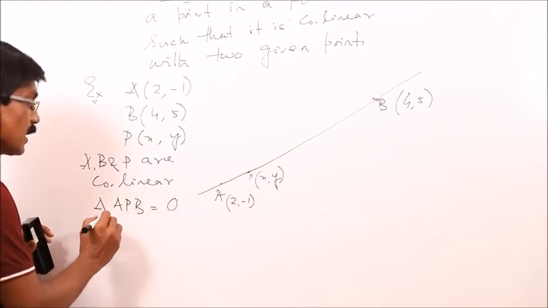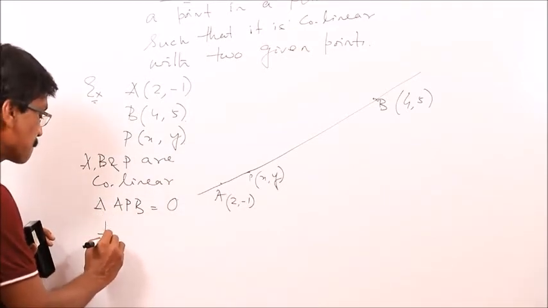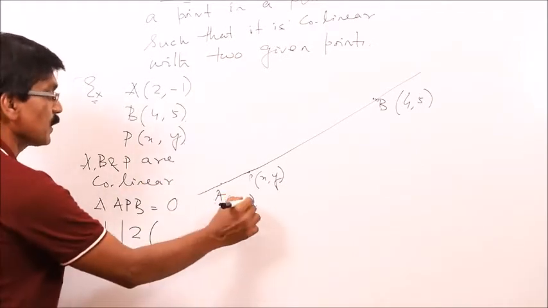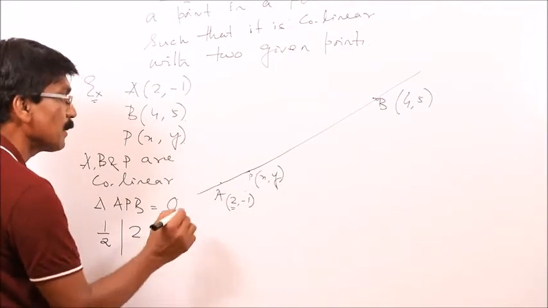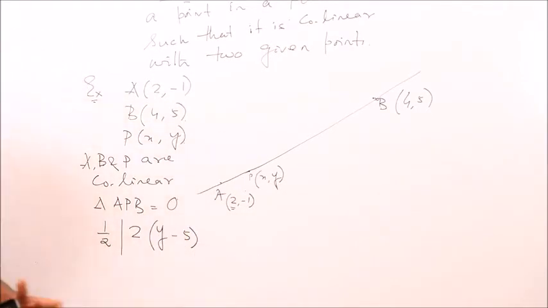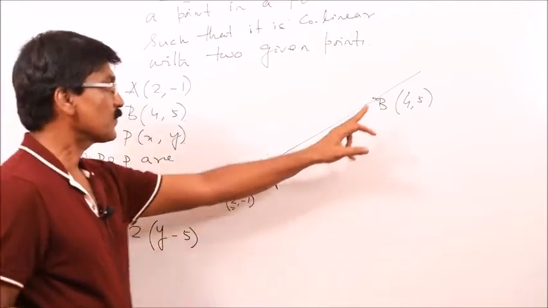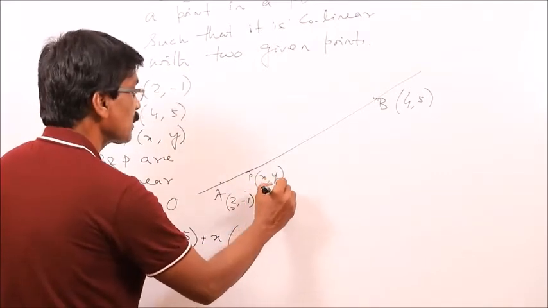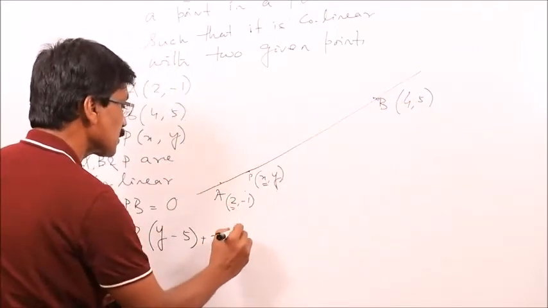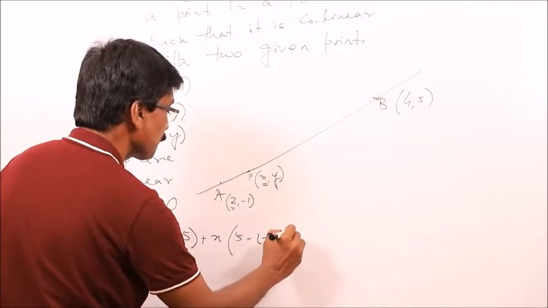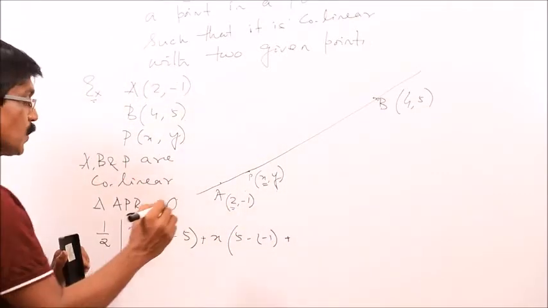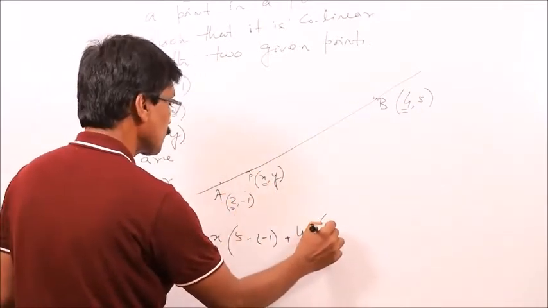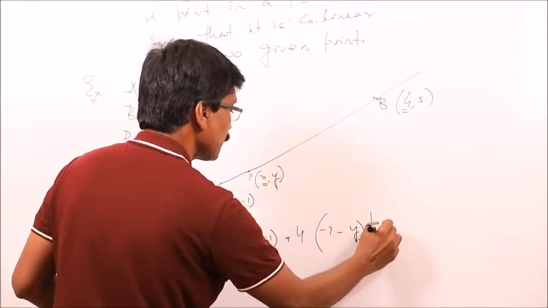The area of a triangle is half times 2 into (-1 minus y minus 5), plus x into (5 minus -1), plus 4 into (-1 minus y), equal to 0.